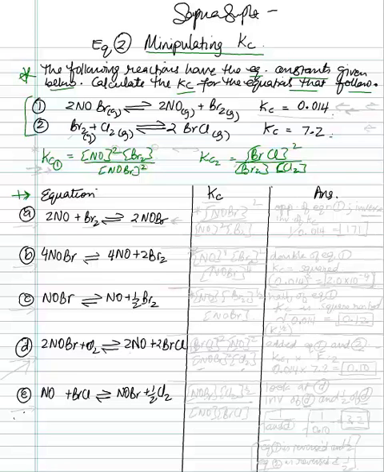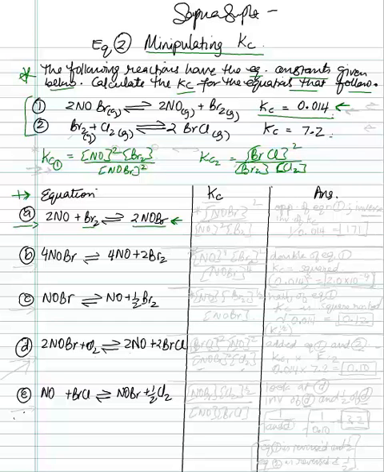Okay, so the first equation that we're working on here is 2NO plus Br2 to give 2NOBr. We're supposed to just use the Kc given to us over here to find the answer, but I'm going to show you how this works also. Let me give you the answer first. The answer is that you look at the equation that you have over here, and this is actually the opposite of equation number 1.